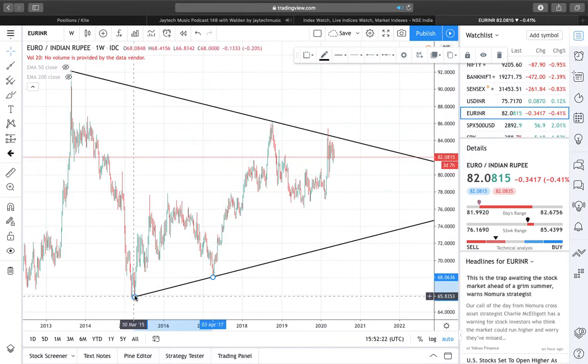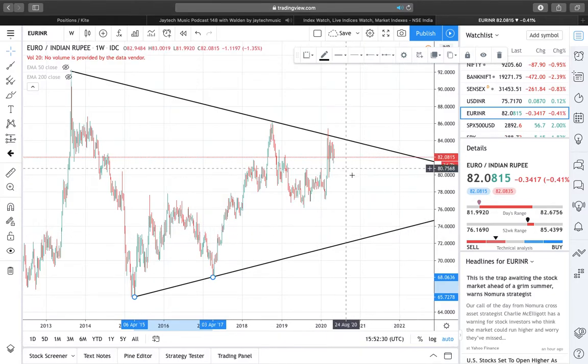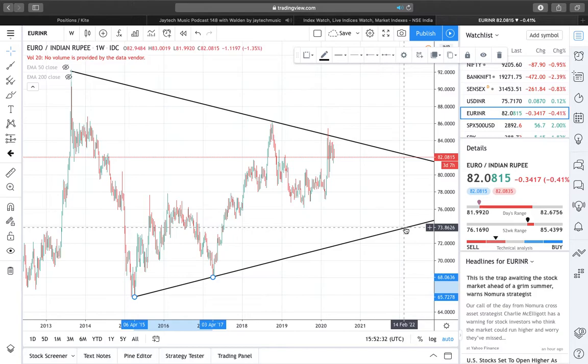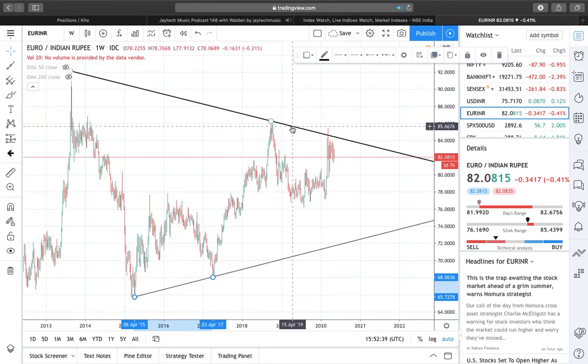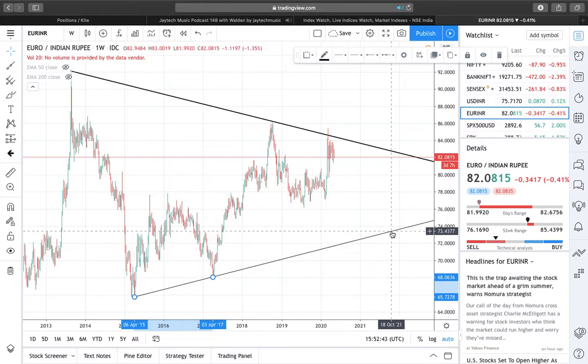Now, since we have only 2 tests here, and we are still waiting for a third test somewhere on the lows of say 72, 74, or wherever the structure reaches, we are unsure whether this trend line will hold. While the upside is reasonably well defined, we are yet looking for possible support on the lower part of the trend line to qualify this as an ascending triangle.